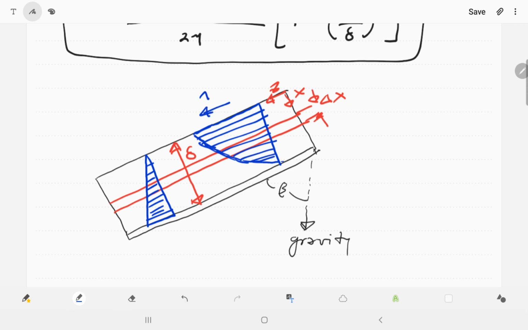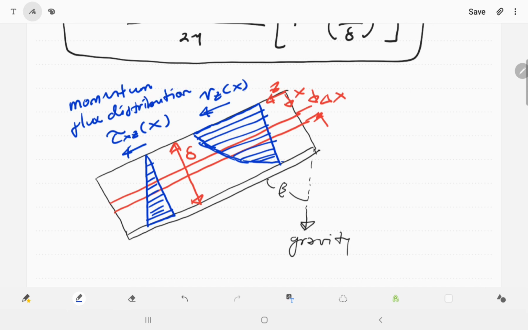If I draw it in here, this will be Vz as a function of x, and then this will be tau xz as a function of x. So in here is the momentum flux distribution.